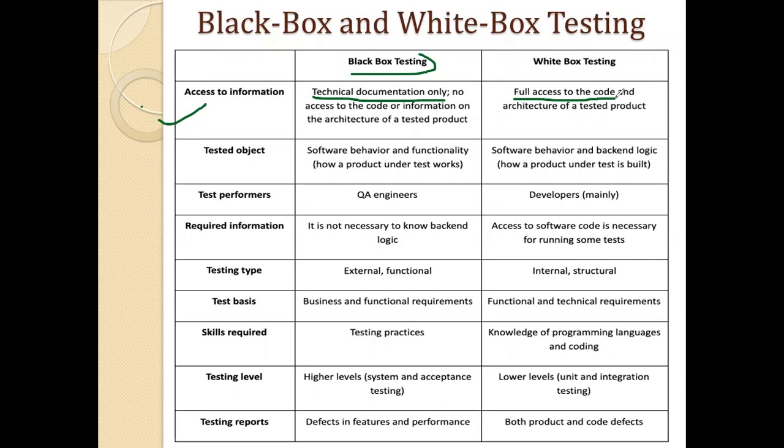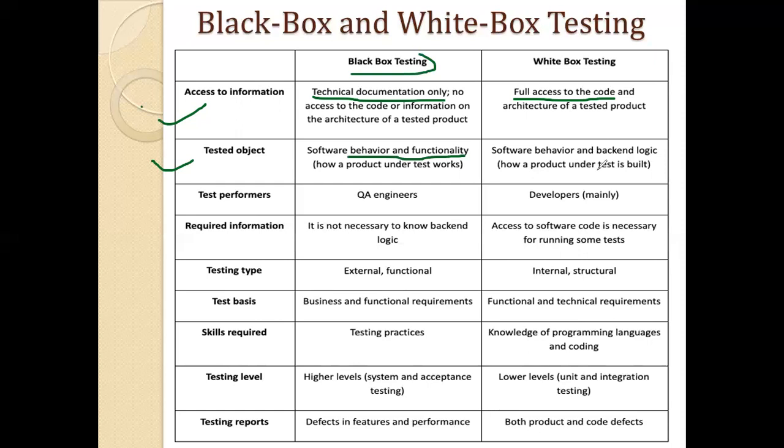Then tested objects, second different tested objects. So here in this case, software behavior and functionality will be checked. So how the product under test works. So the behavior and the functionality will be focused more in this particular case.